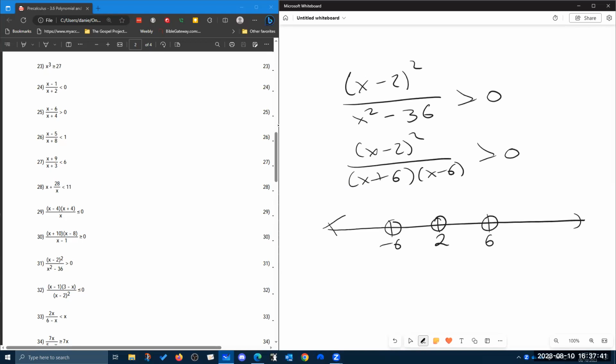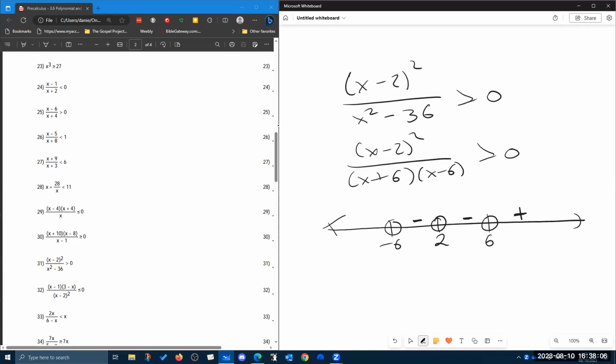Now watch the signs here. When I cross this, this is going to be positive over here on this side when all the numbers are positive. And I cross this boundary, x minus 6 gives me the zero of 6 here. It's an odd multiplicity, so it's going to change sign. When I cross the boundary here, because this is an even multiplicity, it's not going to change sign.